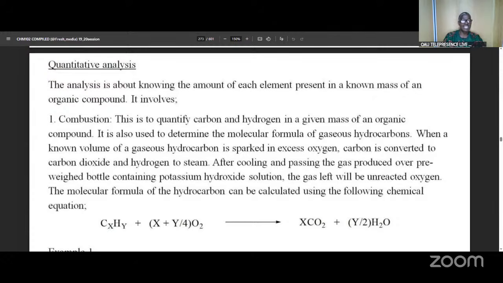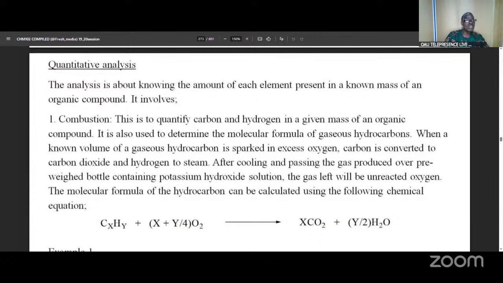You know, in qualitative analysis, we only identify, we just look at whether chlorine is there, whether sulfur is there, whether nitrogen is there.